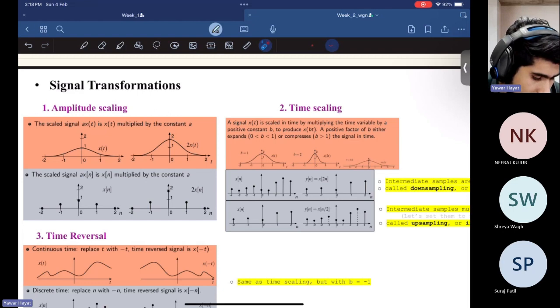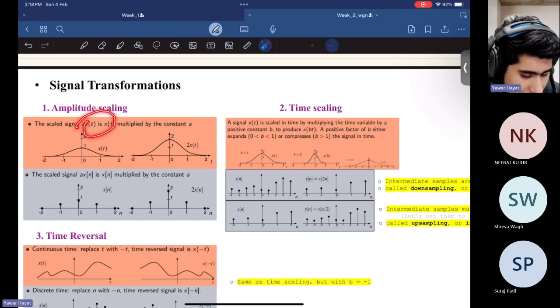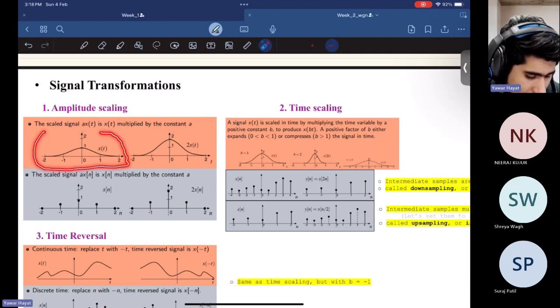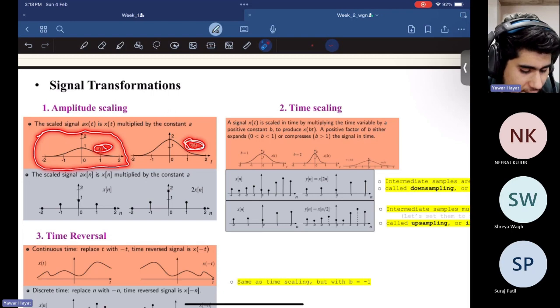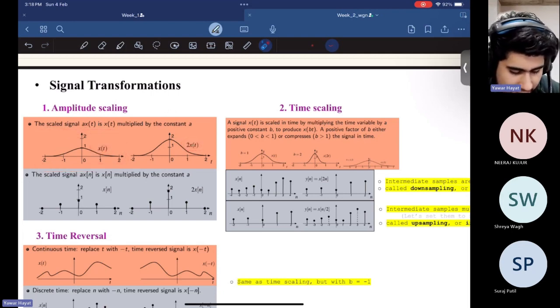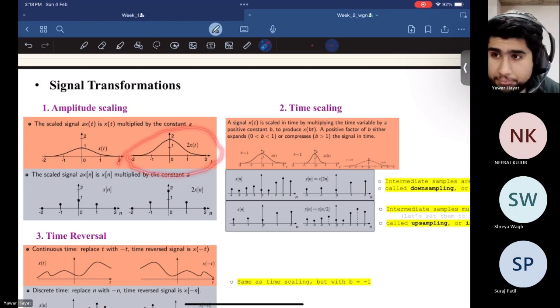In amplitude scaling, we simply scale the amplitude of the signal by the constant A, right? So if this was x of t, and we had to obtain 2 times x of t, this is an amplitude scaling transformation. So we just multiply this signal by 2 and obtain this. I hope it is clear.